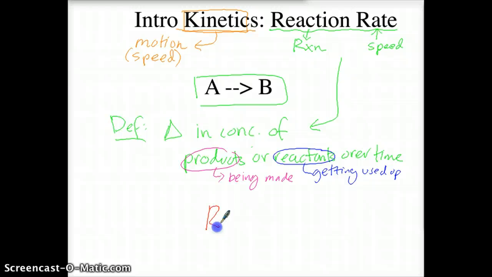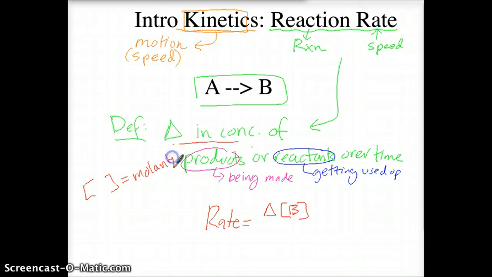So how does this look quantitatively? Again, if we were measuring the rate of a reaction, it's the change in concentration. So it's the change in, let's say we're doing the change of the products, concentration of B. Remember, refresher, these brackets mean molarity, over time.